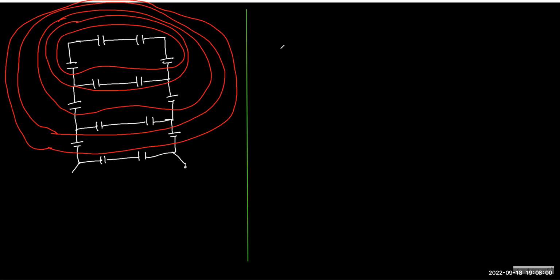So the next variety of question is called the infinite ladder problem. Also we can call it a recursive circuit. So it is inspired by mathematics also.